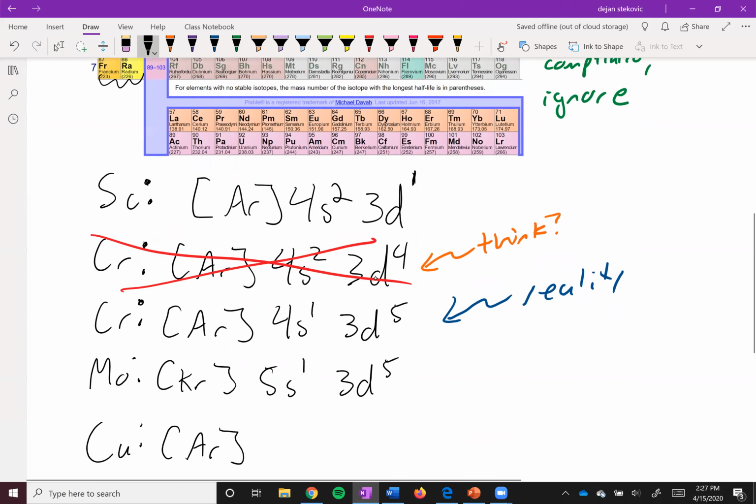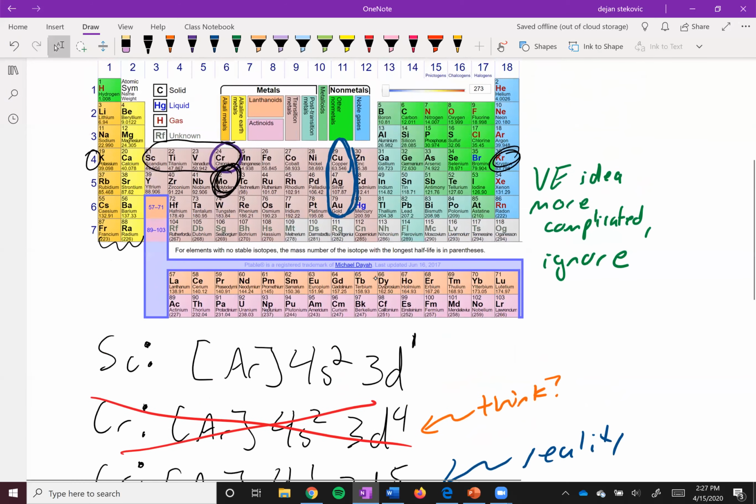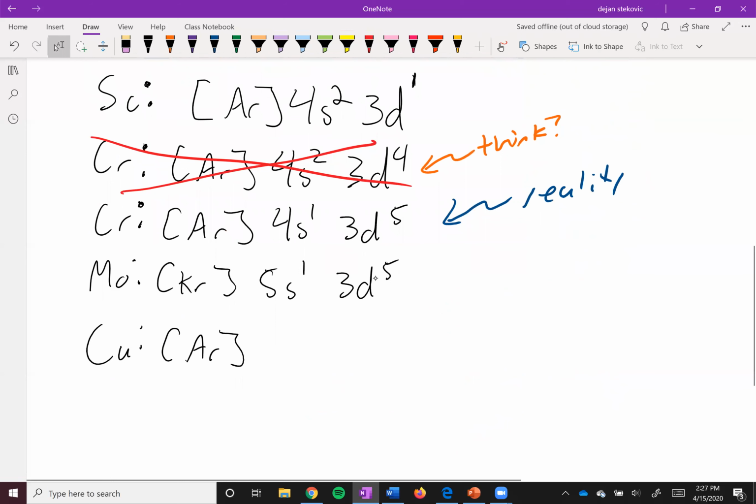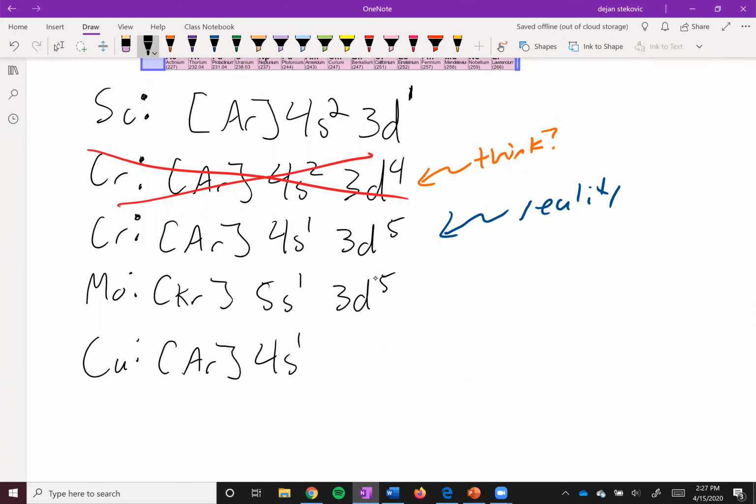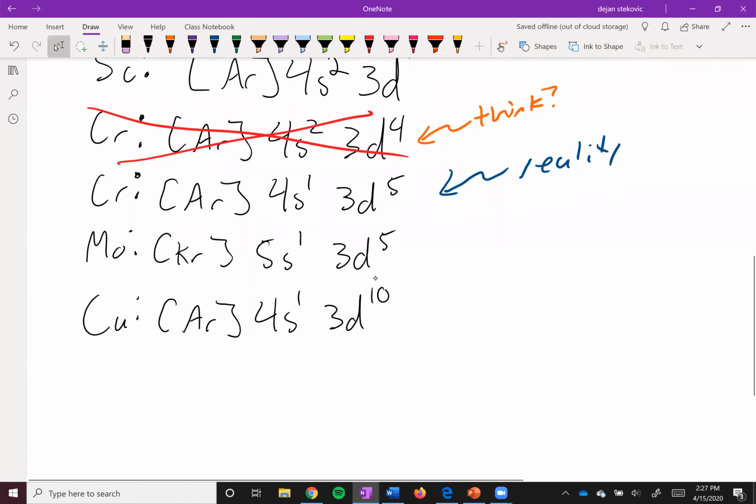Right? Copper, you would say it's going to be 4s2, 3d9. You'd be wrong. It is 4s1, 3d10. And again, this has been shown experimentally time and time again. And it's the same for silver and gold. So know these exceptions. When you have these kind of half-filled orbitals, energetically, they're more stable.